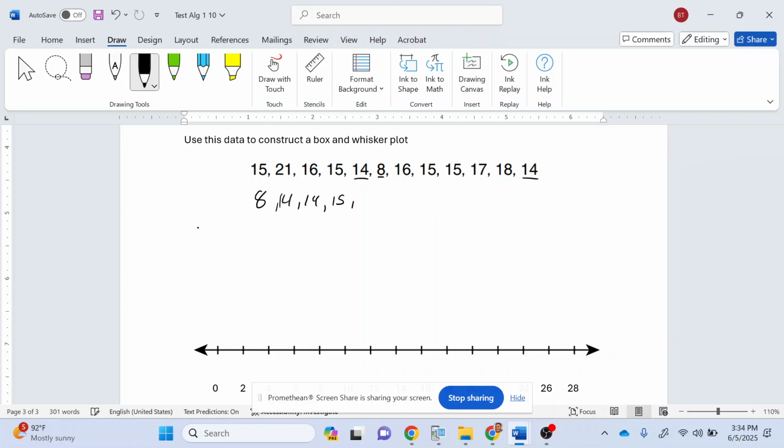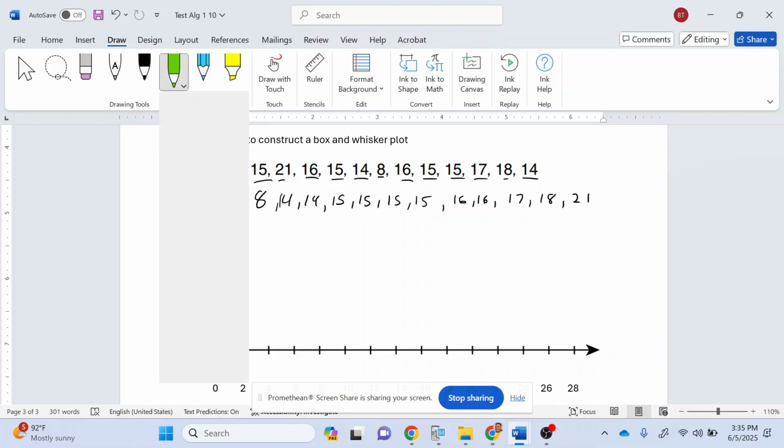Like 4 15s. 1, 2, 3. You're right. Is there 4? Oh, you're right. This one, 15. 2 16s. 17, 1 18. It's nice because as you go forward, it just gets easier, right? Because they're all marked.